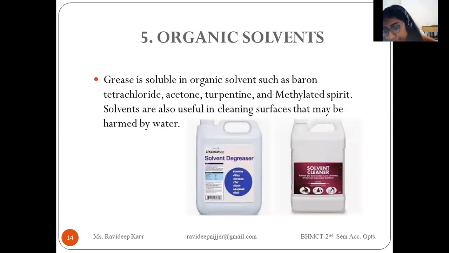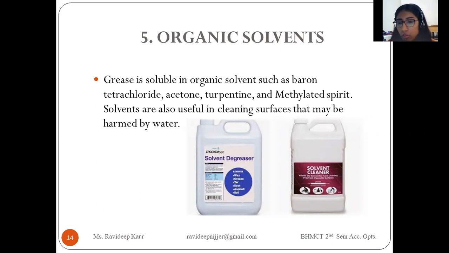Next, the fifth cleaning agent which we have is organic solvents. Grease is soluble in organic solvents such as carbon tetrachloride, acetone, turpentine, and methylated spirit.